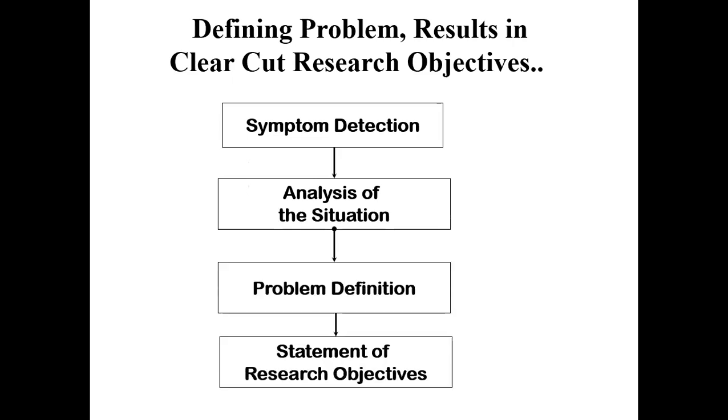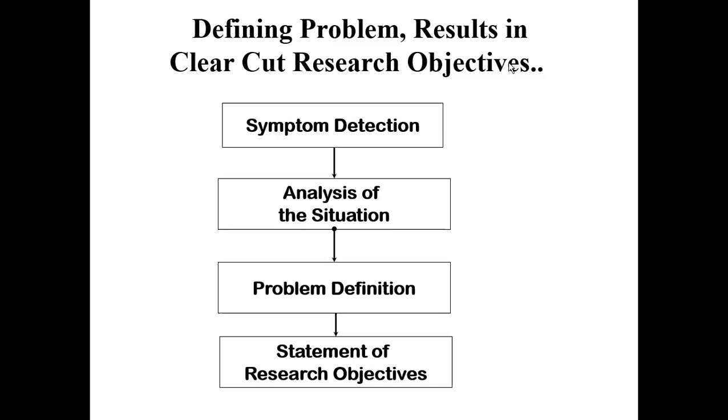So the clear cut research objectives, which number one is the symptom detection, what are the symptoms we have, and then we have the analysis of the situation, then the problem definition, and last is the statement of research objectives.